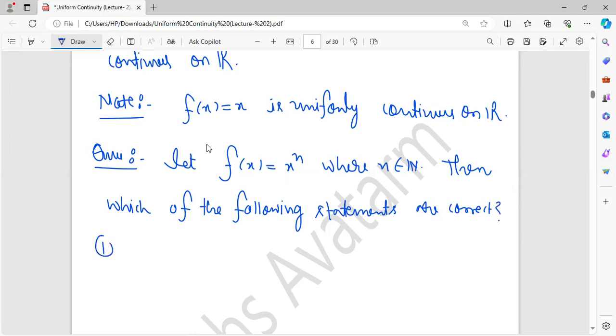Number 1, f is uniformly continuous when n is not equal to 1.